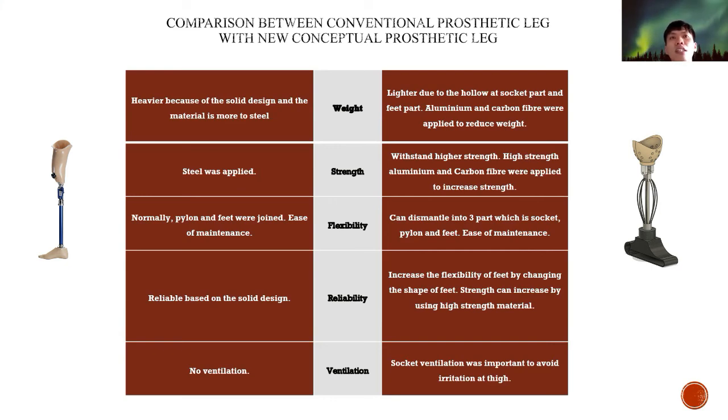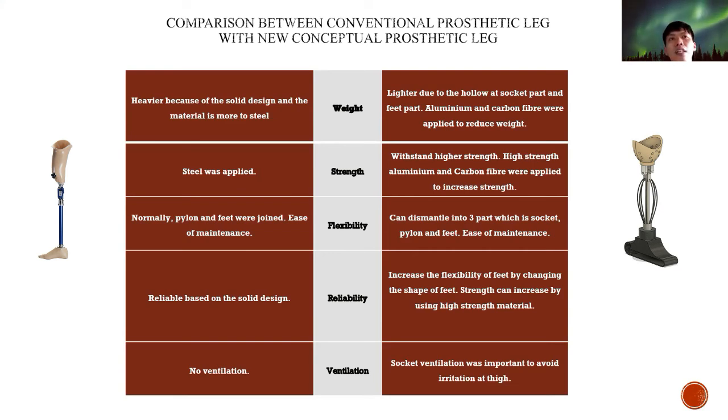When talking about strength, steel is applied to the conventional prosthetic leg because it has high strength. In the new design, I choose aluminum and carbon fiber, which are also high strength materials.